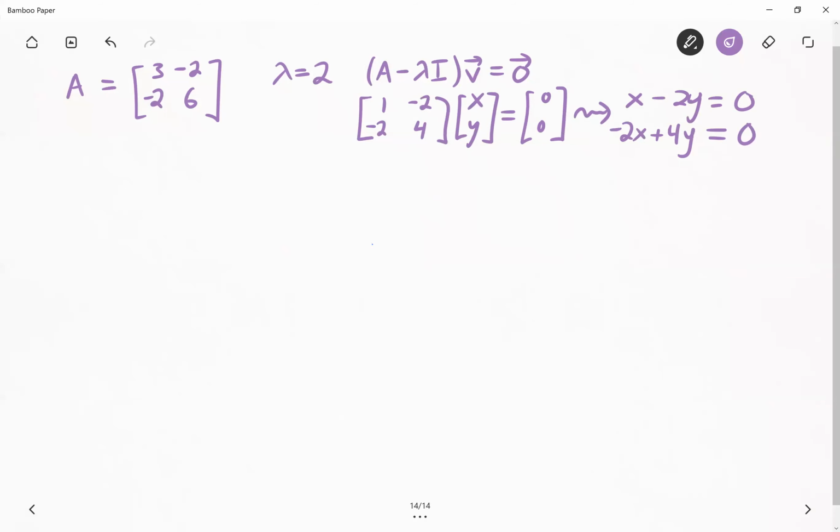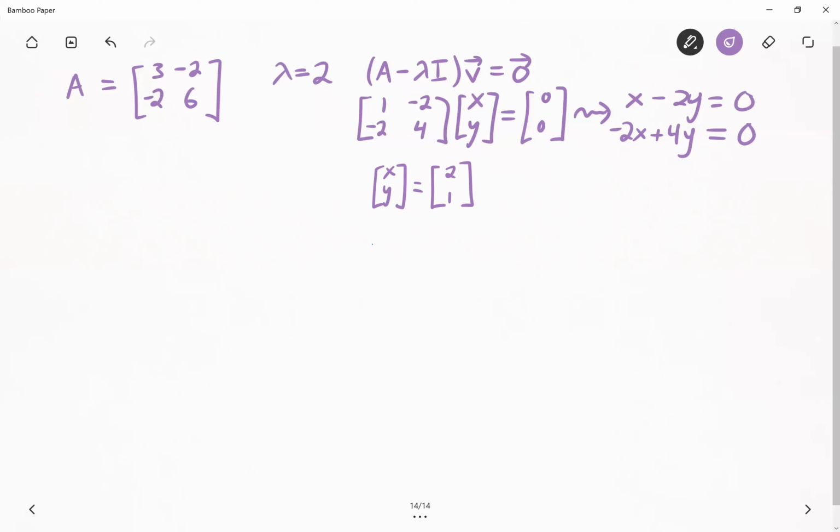So we have a free variable. I would like to choose x equals 2, which forces y to be 1. So an eigenvector would be (2, 1).